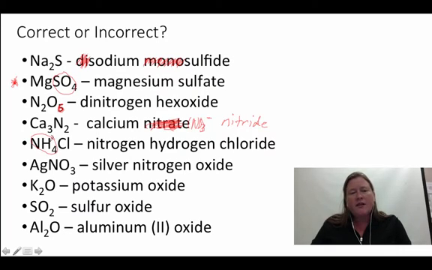So NH4 is the only time that we commonly have the first part of a compound being a polyatomic ion. It is ammonium. Since we just have chlorine here, it is chloride. So the name of this would not be nitrogen-hydrogen chloride. That's like 3 parts. It will be ammonium chloride.